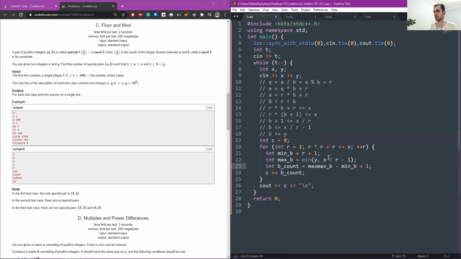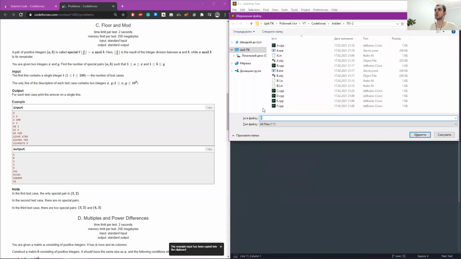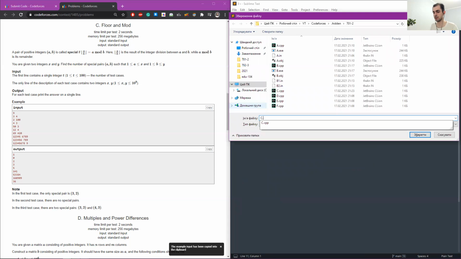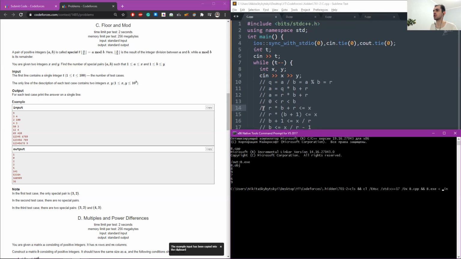Actually, we should be a bit safer here. I'm guessing that's what we can do. Then we have 100 test cases. Each of them works in square root time, which should be fine.